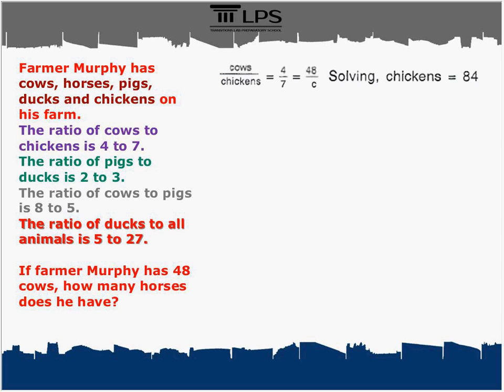I can take it in the same proportion and say 48 divided by chickens. Rahul answered, that's nice. Can students go ahead and use the next piece of information to say how many chickens there are?